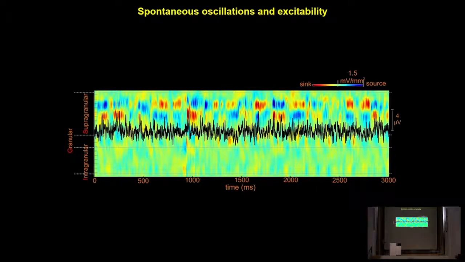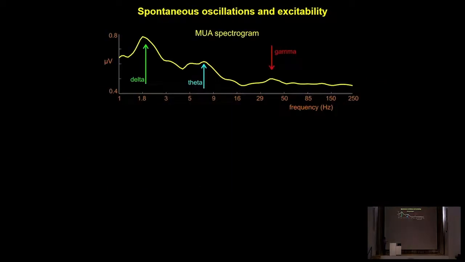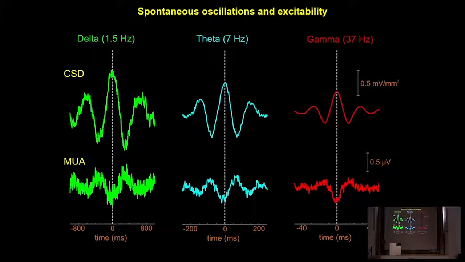So if you look at the multi-unit activity spectrum, you can see peaks that correspond to peaks in the CSD spectrum, meaning that the dominant oscillations in the current source density spectrum actually do modulate multi-unit activity. Now, if you want to know which phase of these oscillations is the high excitability phase versus the low excitability phase, because there always have to be these opposite phases in oscillations, we can look at CSD phase-triggered multi-unit activity.